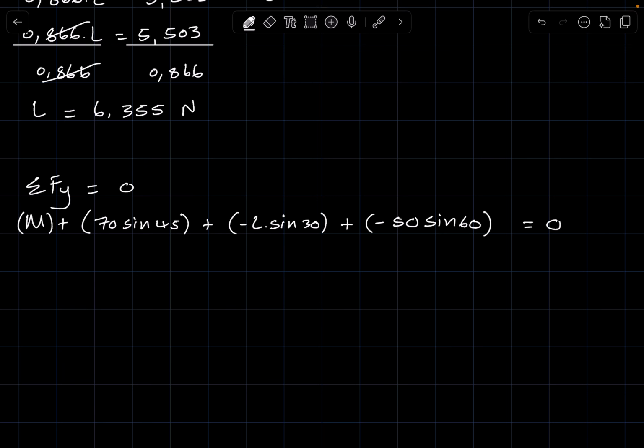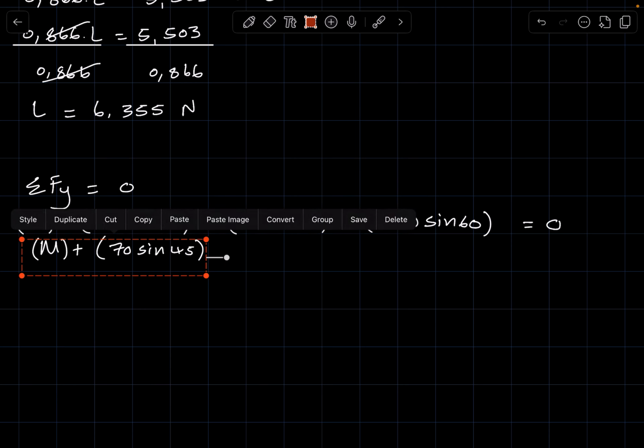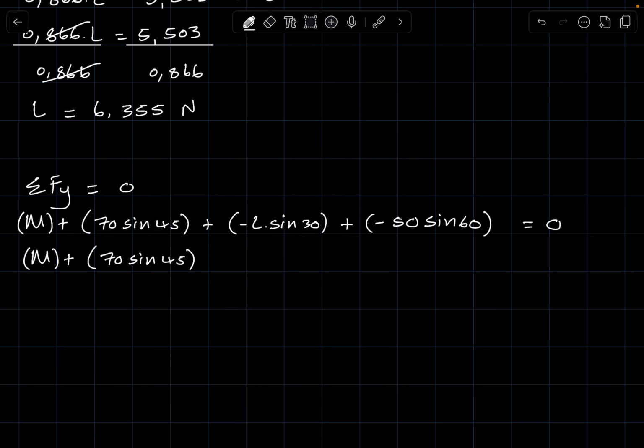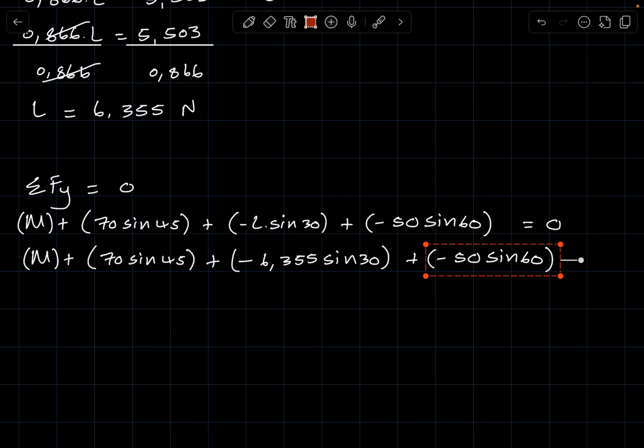So again here we have essentially one unknown because we already have the value of L. So because we already have the value of L, essentially what we have here is this plus negative L. L is 6,355 sine 30 plus this, is equal to 0.